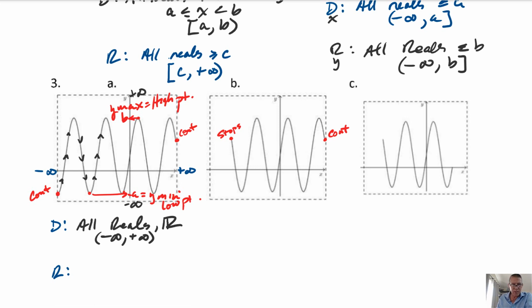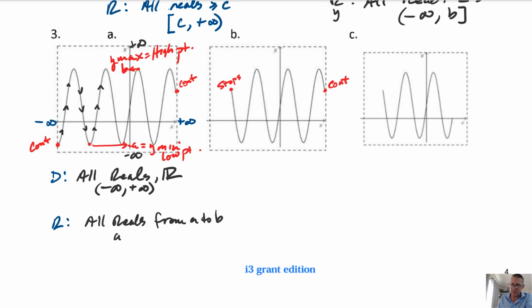So the range has to be between these two points, between A and B. And be careful, it's inclusive, meaning that it includes A and B. So all reals from A to B. The way you write that is you say A is less than or equal to y. Again, we're describing the range, so we use a y variable.